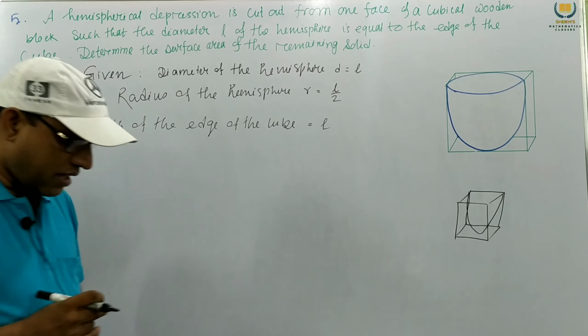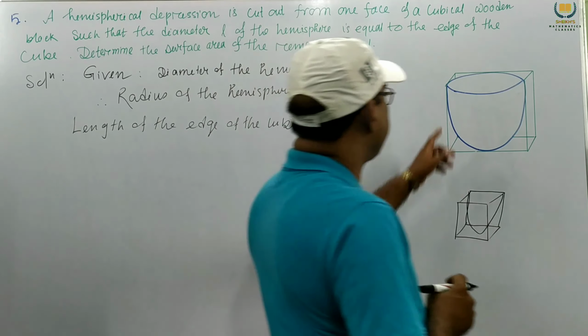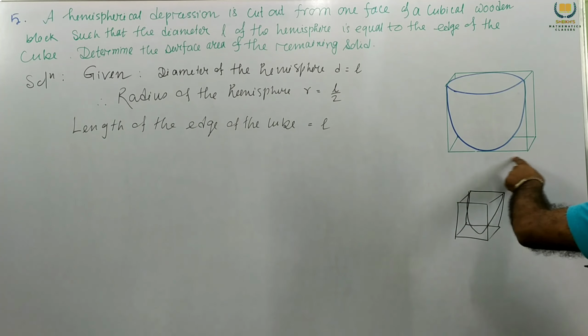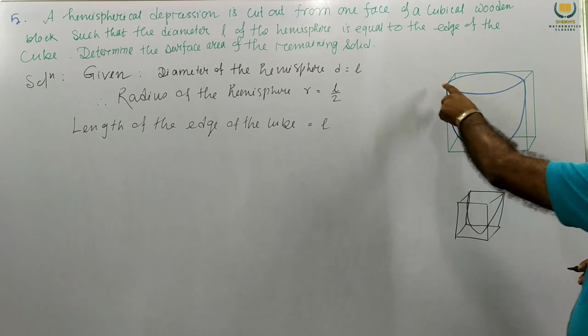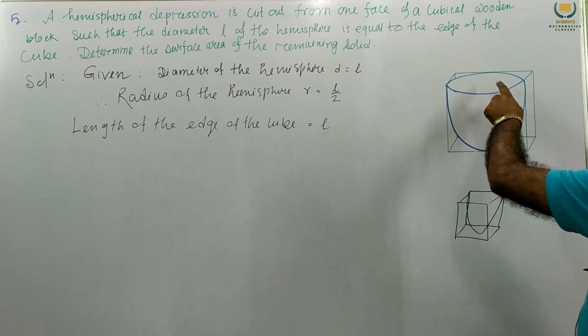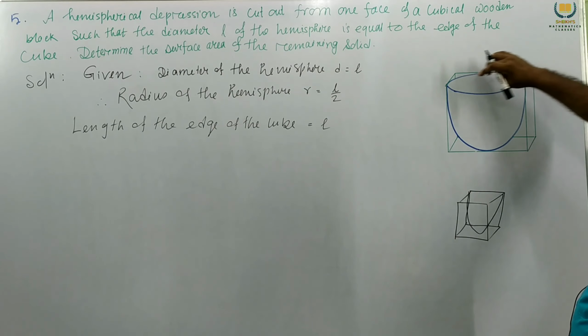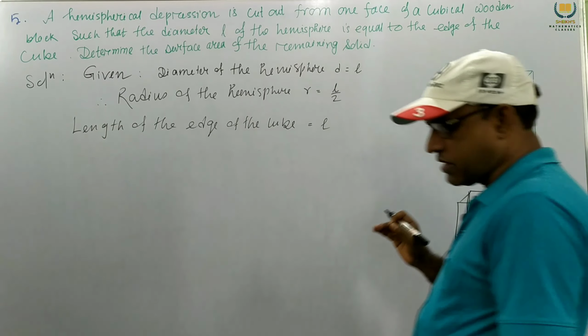Now we have to find the remaining surface area. That means the total surface area of the cube is 6L square and the curved surface area of the hemisphere is 2 pi r square, and this portion is common for both. We left out this.